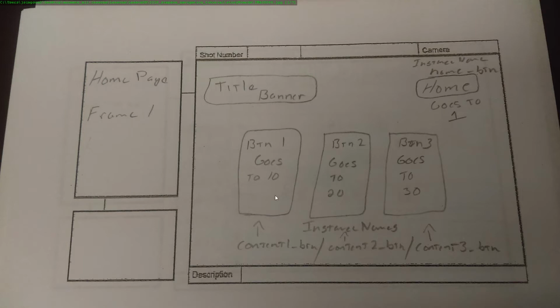And then we will have 1, 2, 3 buttons that each go to their own content that is stored farther down the timeline in frames 10, 20, and 30. You will notice that I have written the instance name next to each of these buttons. If I want to control them through Actionscript, then I have to give them an instance name. As we go through this, hopefully this will become crystal clear.